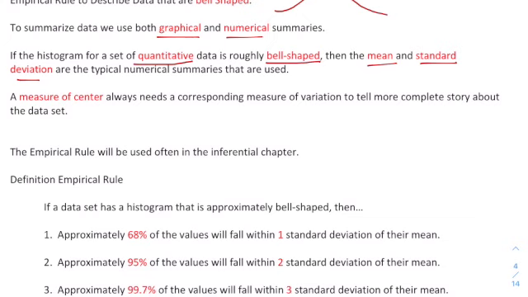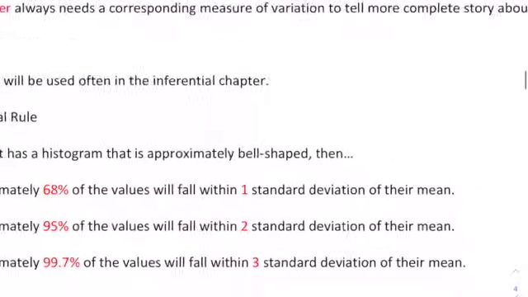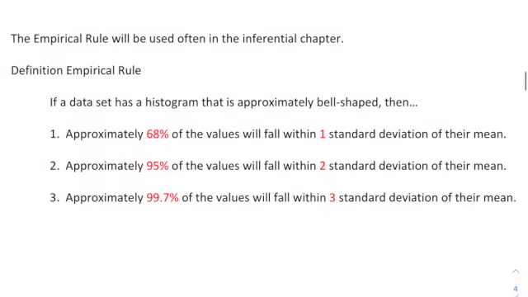So here's the empirical rule. The empirical rule will be used often in the inferential chapter. Definition of the empirical rule: you have to memorize those numbers. If a data set has a histogram that is approximately bell-shaped, then: 1.